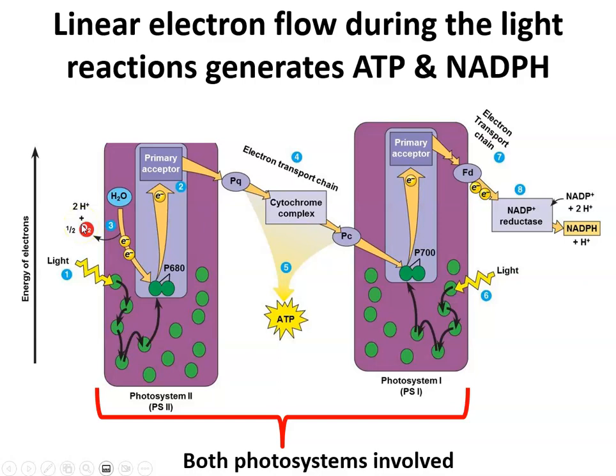So this is a really nice summary of the entire major events of the light reactions of photosynthesis. So let's go through these step by step. Each of the little blue dots indicates a step. So we'll just go through these together and make sure that you can put these in the correct order.